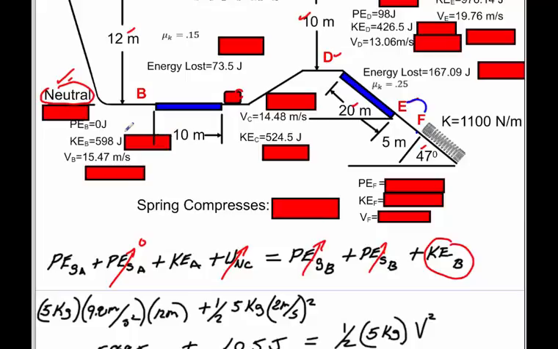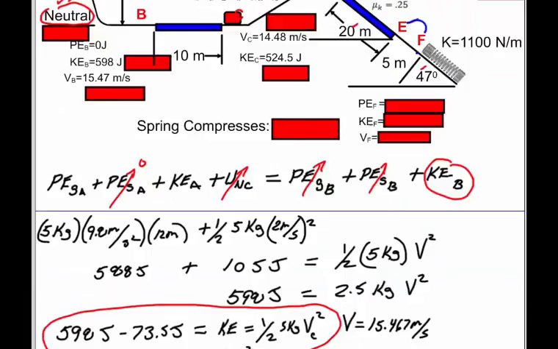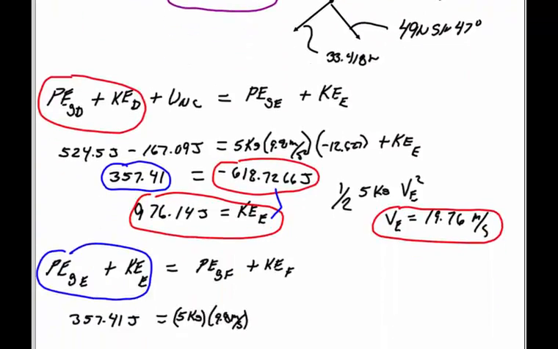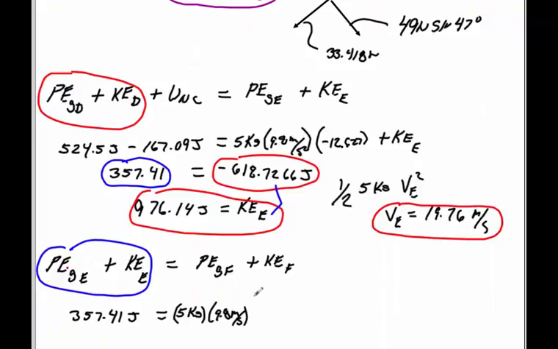And now I'm 16.28 meters below that. So I'll go back down and put minus 16.28 meters, plus the kinetic energy I have at F.